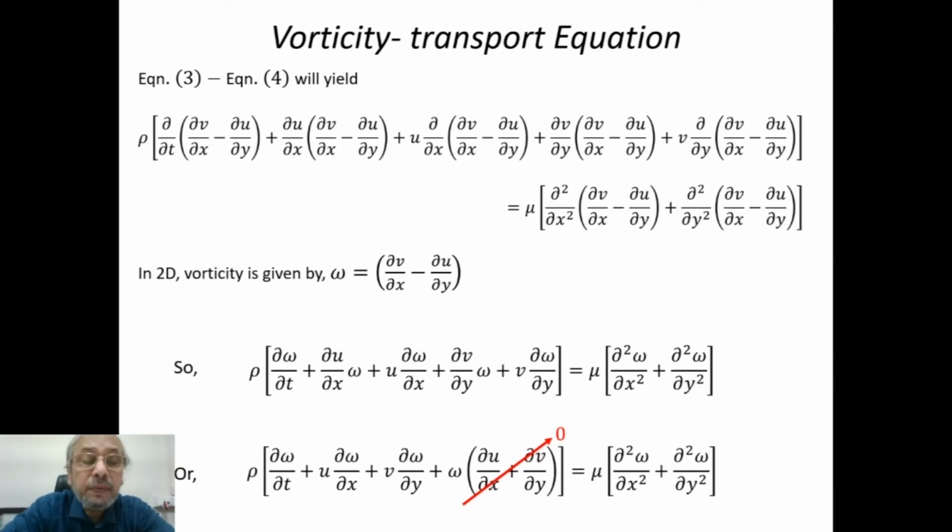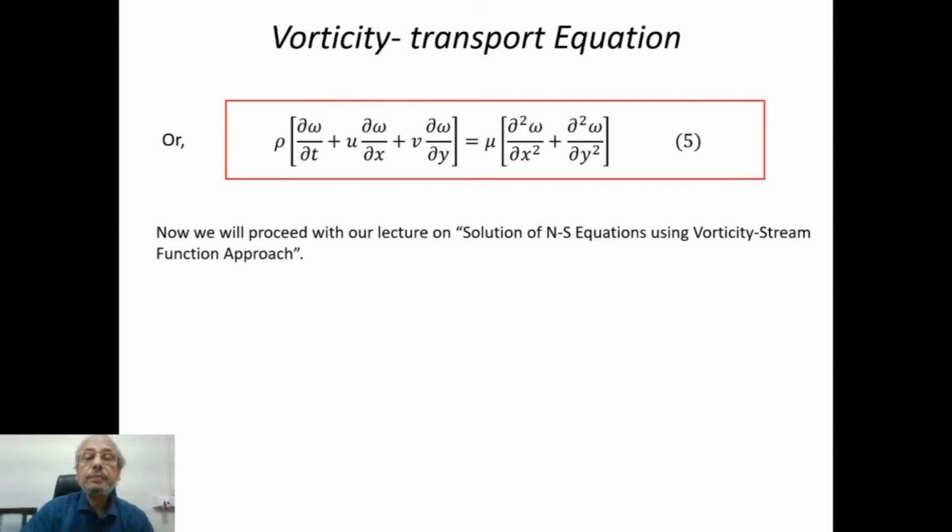So this term del v del x minus del u del y we substitute by omega and finally we get rho within bracket del omega del t plus u del omega del x plus v del omega del y equal to mu into del 2 omega del x2 plus del 2 omega del y2. This is called the vorticity transport equation, equation 5. This special mention was needed because we will be using this equation as the governing equation.